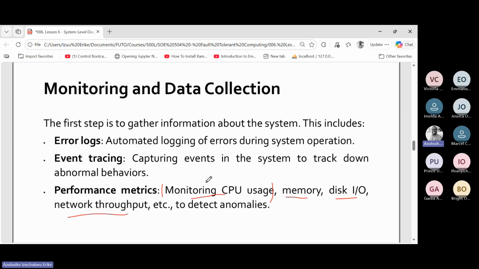And so if that system is actually connected with location sensor systems, the system may also show you the location or give you the address location or the model or the kind of node that is actually giving that abnormal behavior. And then you can trace it immediately. So this is how monitoring and data collection works. Because the data you've collected over time, you can put it in a machine learning model to predict what is happening to the system per time.